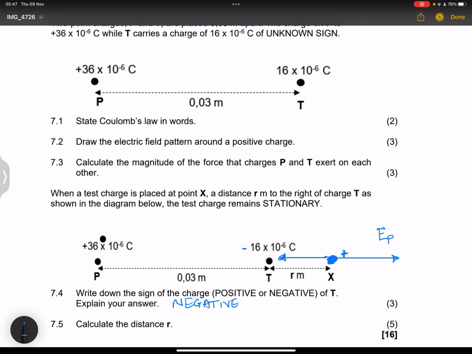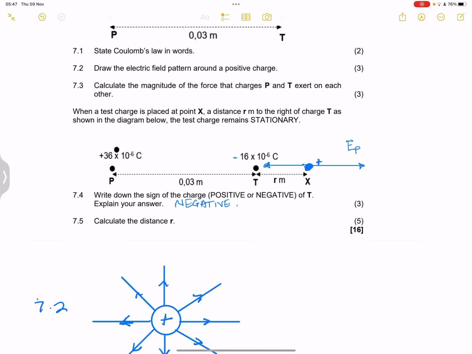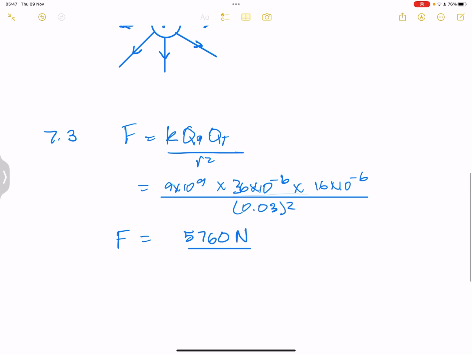And the explanation of the answer is that the net force has to be 0. Let me just put that there.